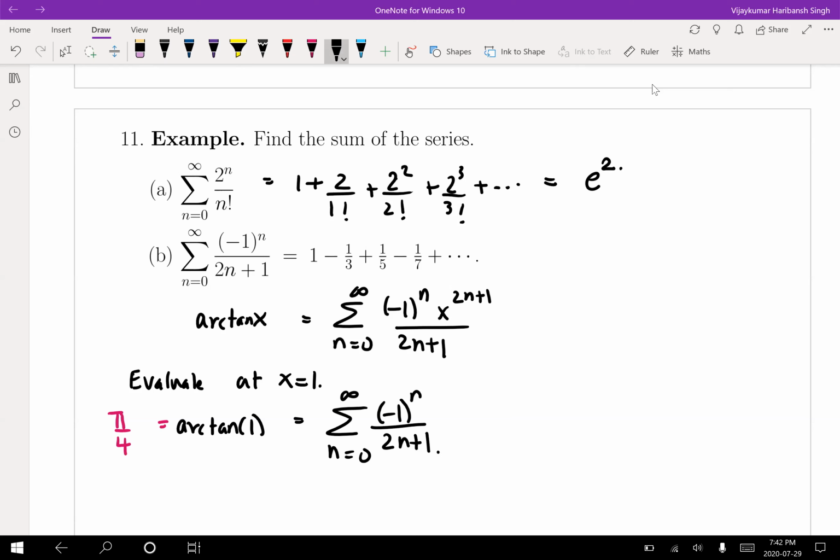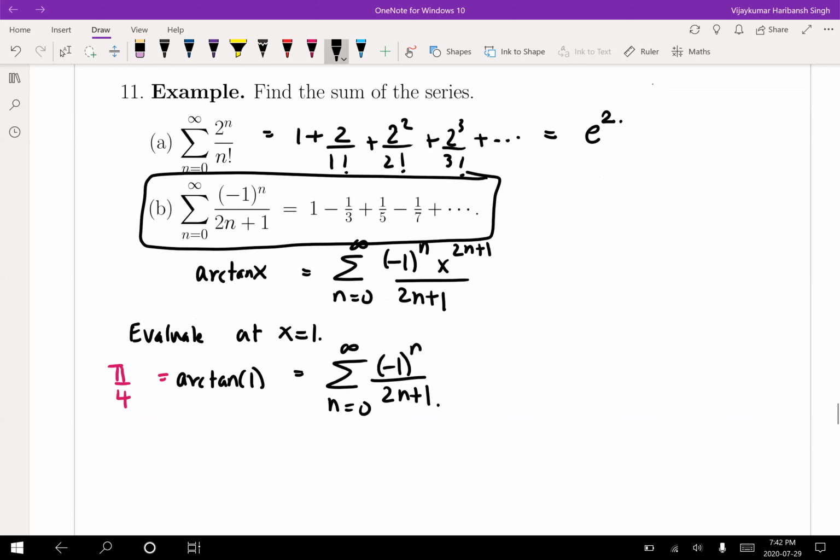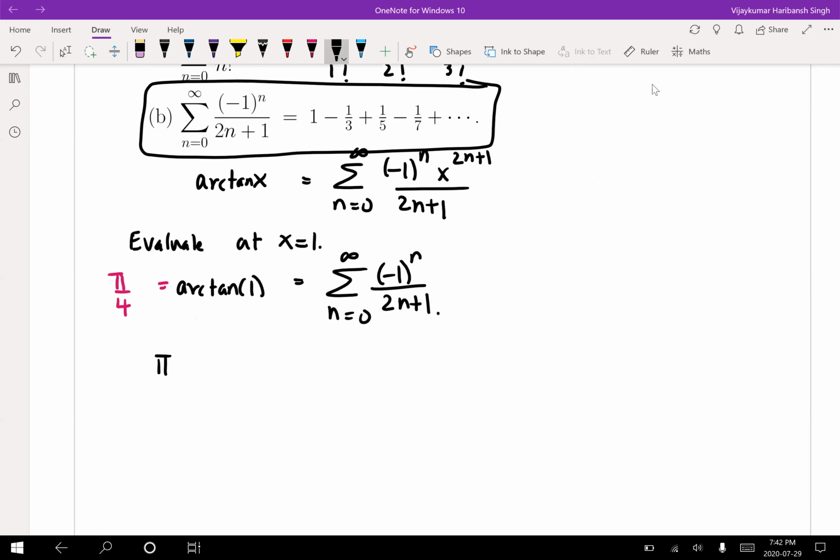So this is what the sum of this series is. It's an interesting fact that pi by 4 is actually equal to this series here.